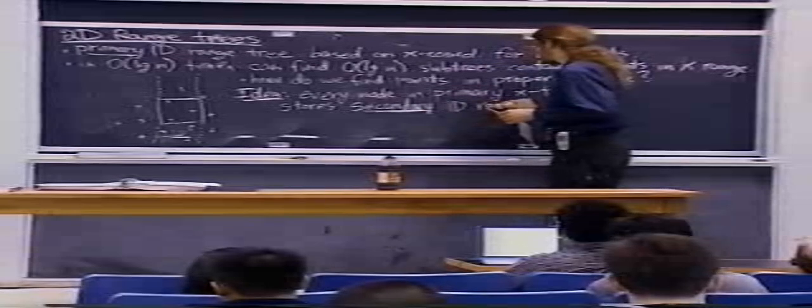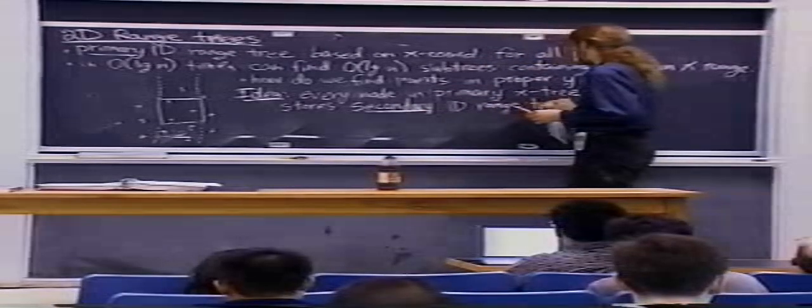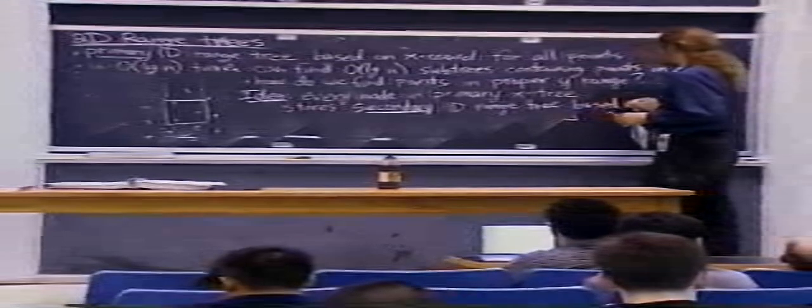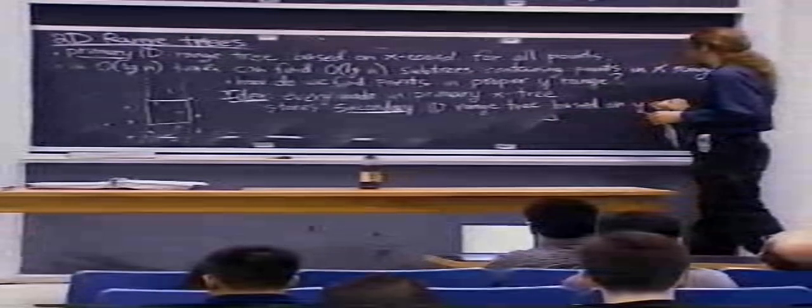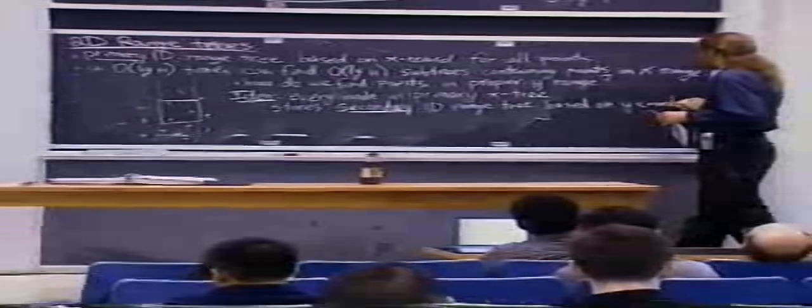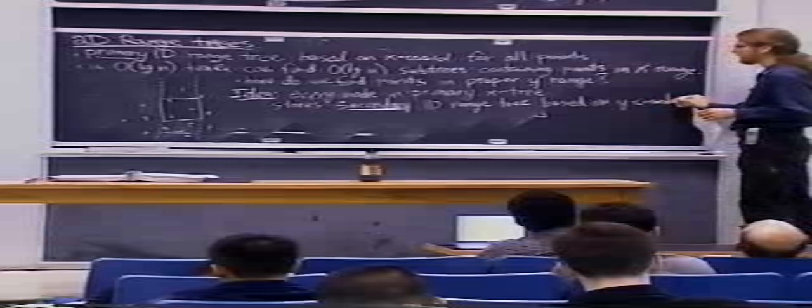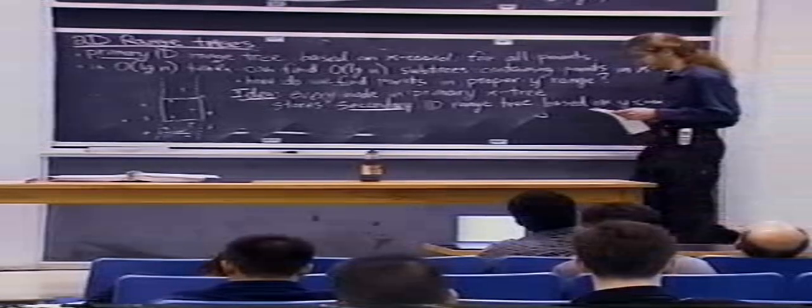So I'll call these range trees secondary. Okay, and they're going to be able to do range searches in terms of the y-coordinate. And they don't represent all the points, they represent the points in that subtree.